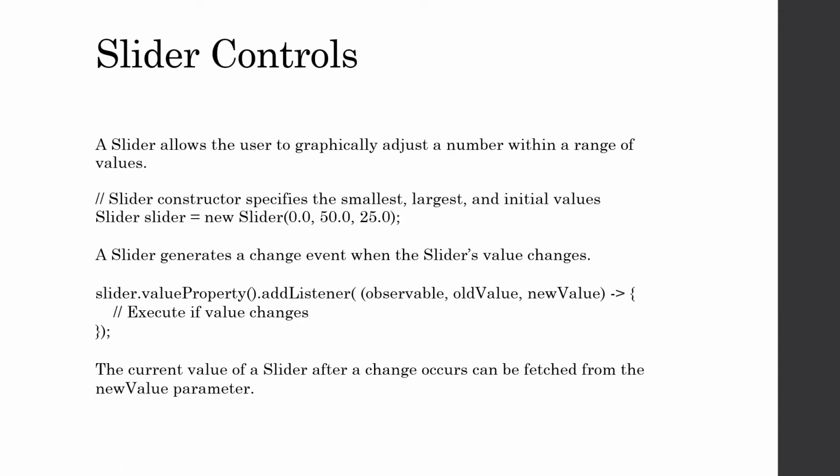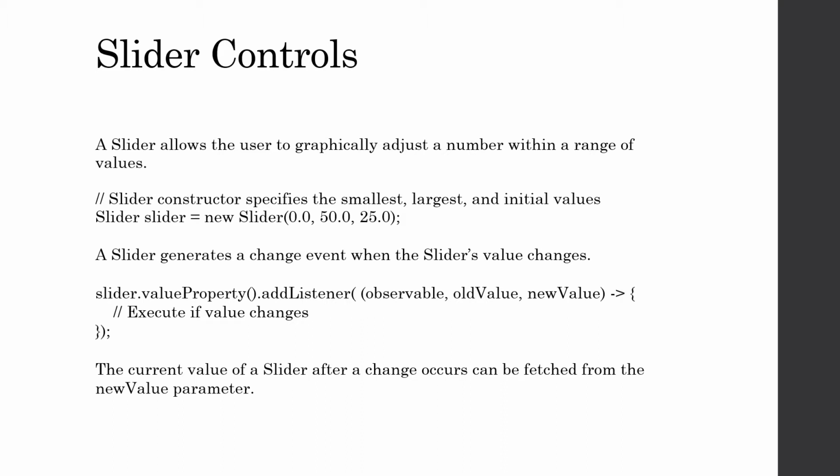In this case, we're going to be working with the value property method to access the properties of the value that you're trying to modify. And we're going to use this add listener method. So a more roundabout way of accomplishing the same behavior as the set on action method that we see with things like buttons, radio buttons, controls, combo boxes.